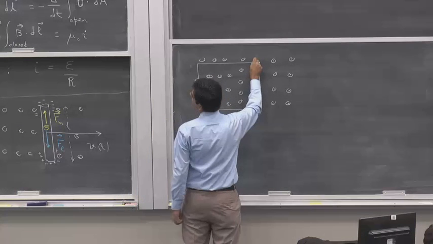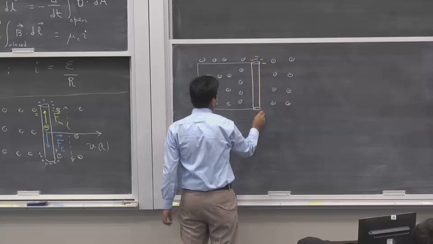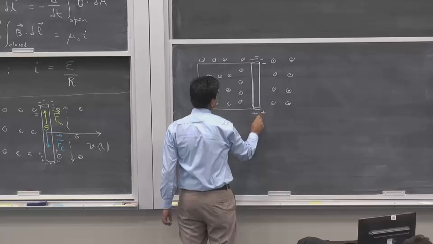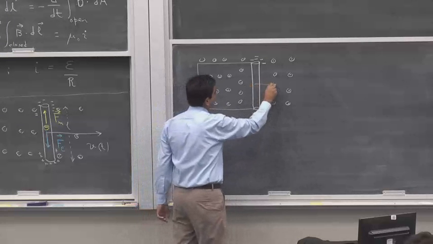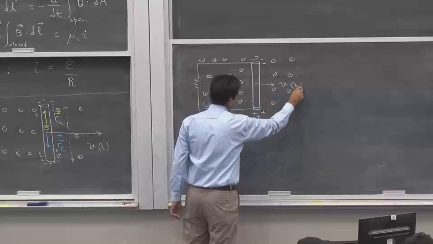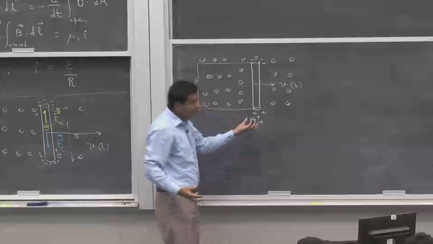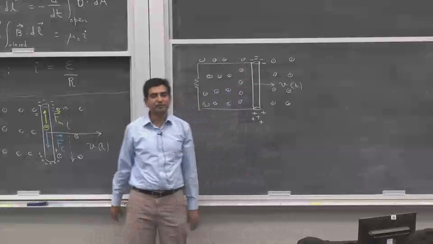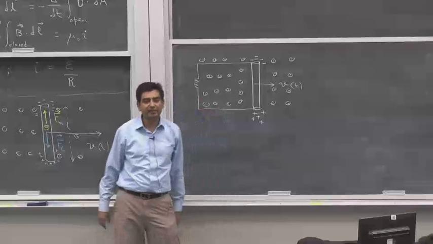An accumulation of negative charge here, accumulation of positive charge here. Speed is v. Could be a function of time. Now this conductor is being moved, positive charges accumulate here, negative charges accumulate here. So I'm proposing that this acts like a battery.